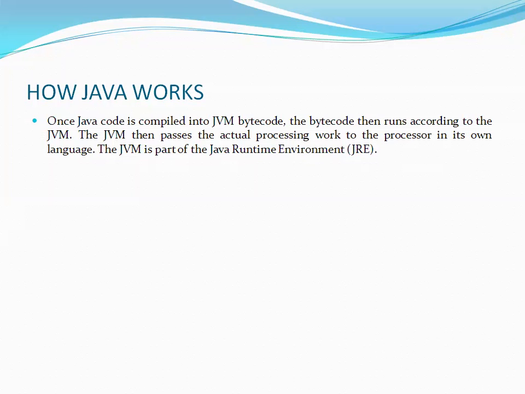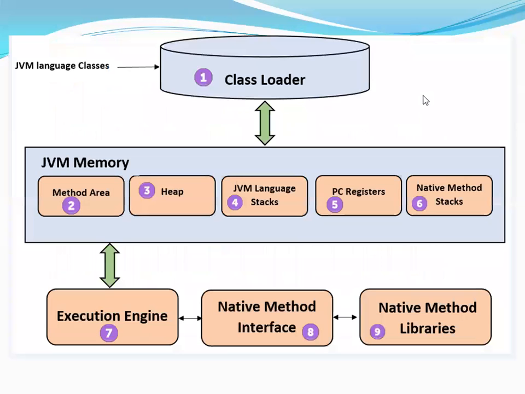Anyway, no problem. We already discussed this, right? Once the code is compiled into JVM bytecode, the JRE will work. See how the JVM looks. So what exactly does it contain internally? This is the JVM. Initially the JVM will load the class.